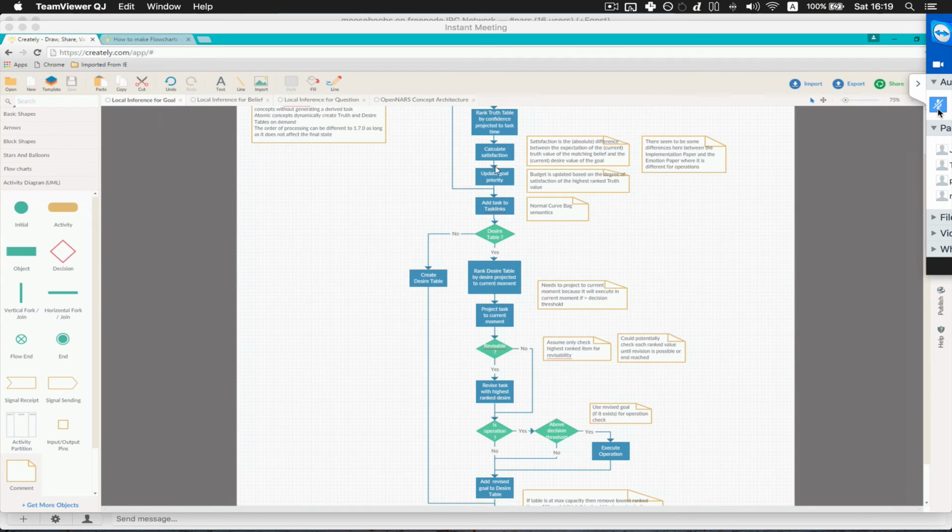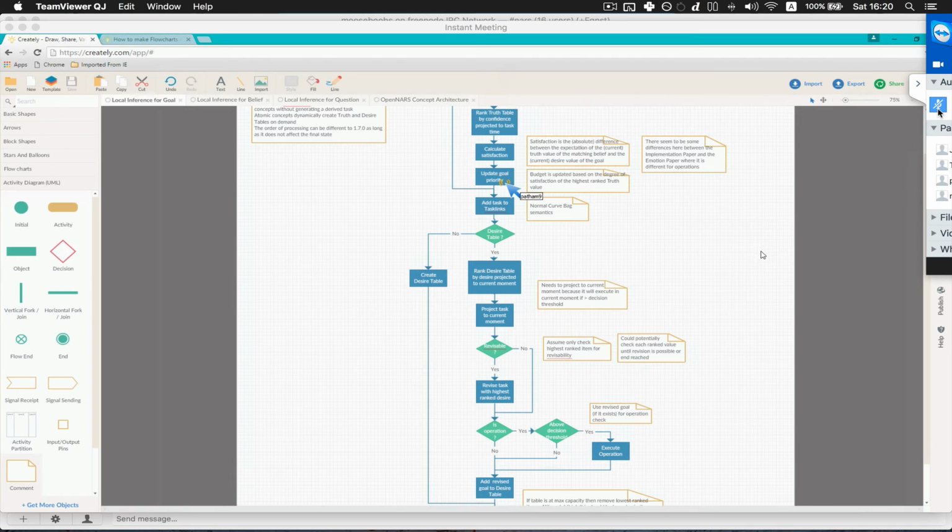So that section is done. One thing I want to add here, because it's for many people not clear, is that OpenNARS still does things although it already achieved a certain goal. And the thing is, there is no such thing as achieved, because the truth value is only a matter of degree. So when this is already processed and it has a high satisfaction, it does not hurt to execute it again.